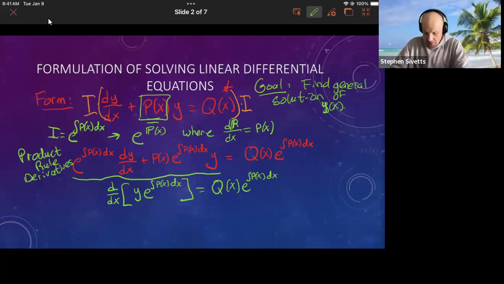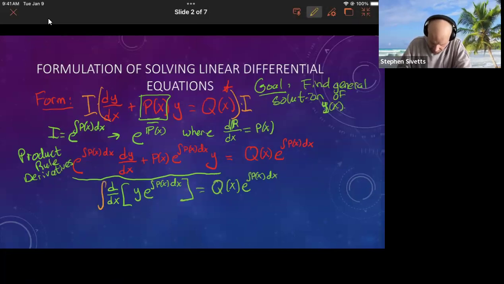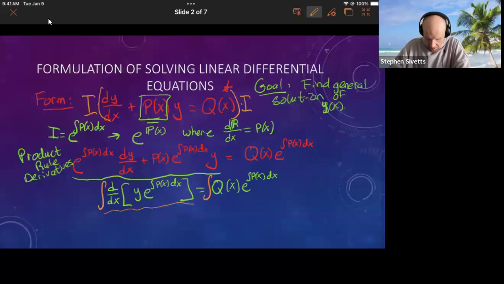Okay, so then what we can do is integrate both sides. If we integrate both sides, this left-hand side will become, by the second part of the fundamental theorem of calculus, integrating derivatives would be equal to the function itself.